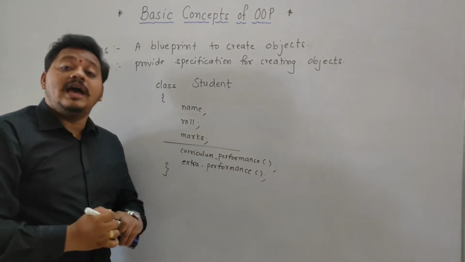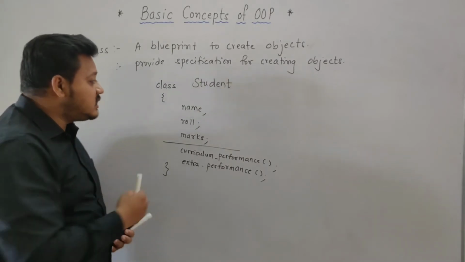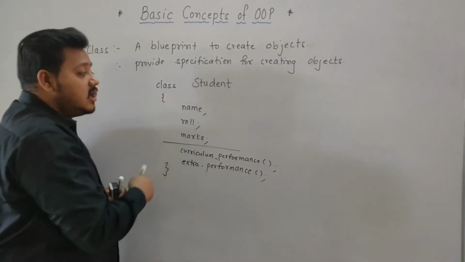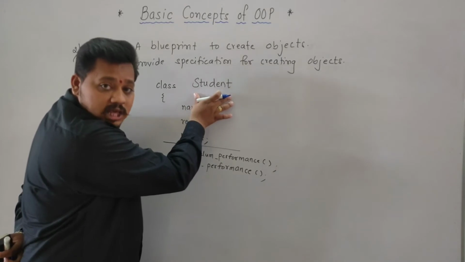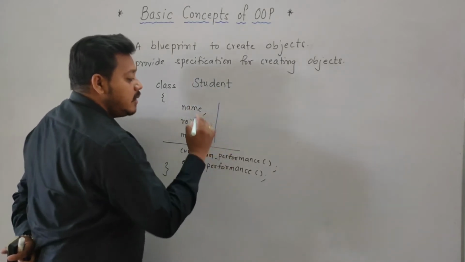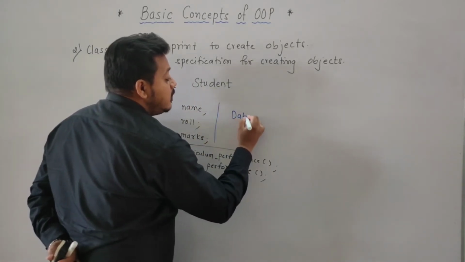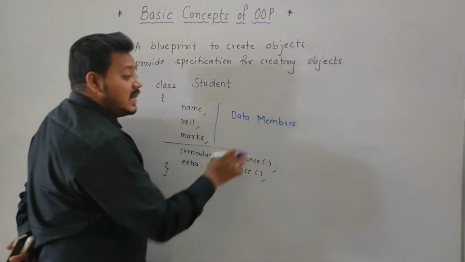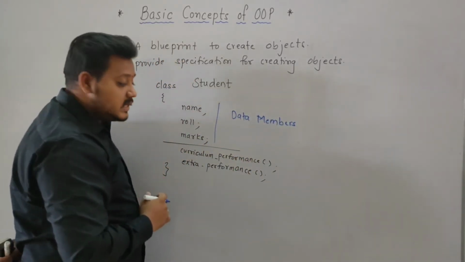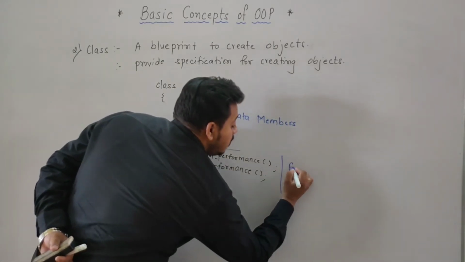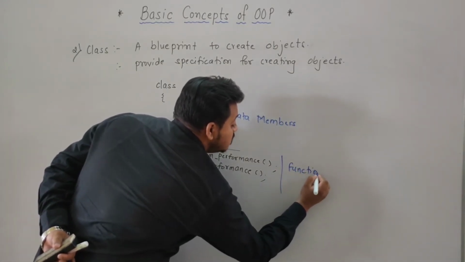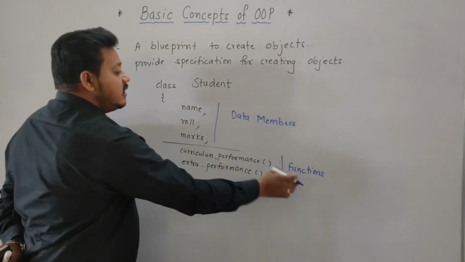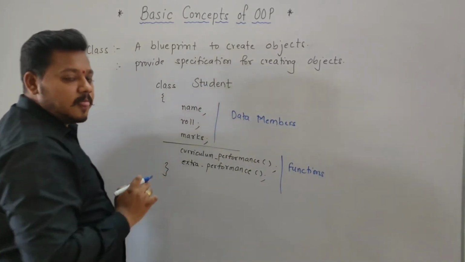So whenever I have to declare any class, first I will require the keyword class, then I will use the name of the class, then here I am going to write the data members. I have already told you what is meant by data members. Data members are nothing but the properties, and these are the member functions, the functions provided by my class student.